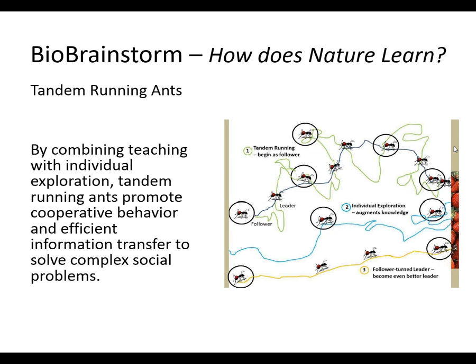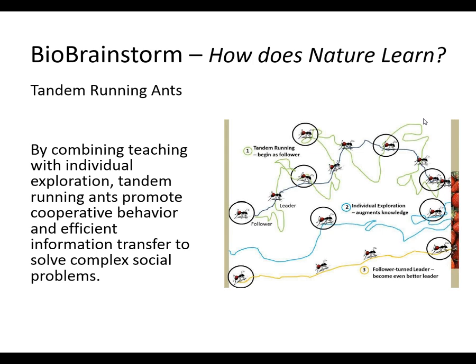And so, reading about this biology, we saw that tandem running is an effective and efficient way to transfer information throughout the colony. Many ants are doing the same process all the time, and it leads to timely resource decisions because you're bringing in all this information learned from others, from the follower to the leader, and then adding the individual experience. So you're maximizing the efficiency of information flow, and it results in kind of a cohesive colony behavior.